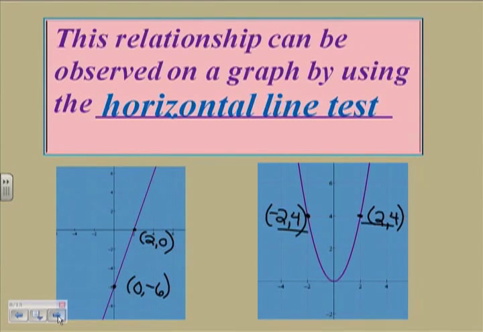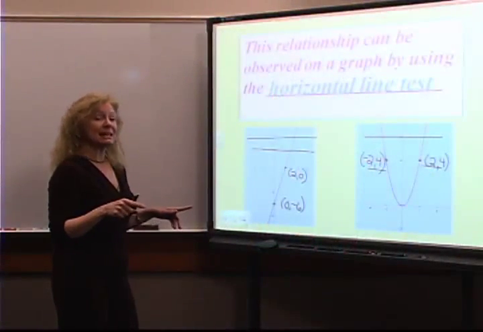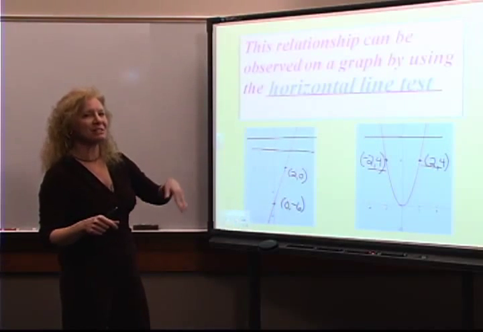Meaning this, if you can draw a horizontal line through your graph anywhere, and you catch the graph more than one time, that means it fails the horizontal line test and it is not 1 to 1.